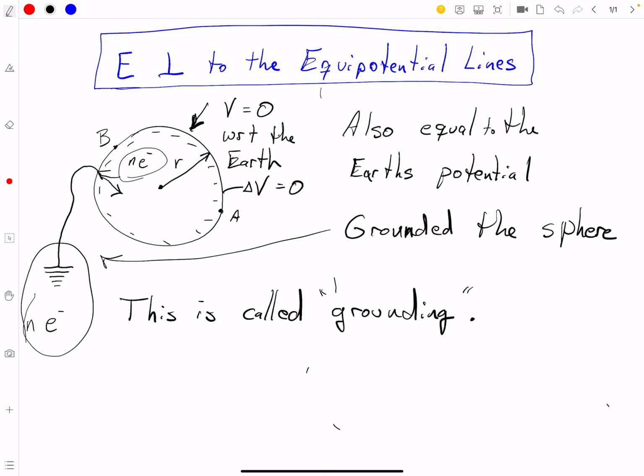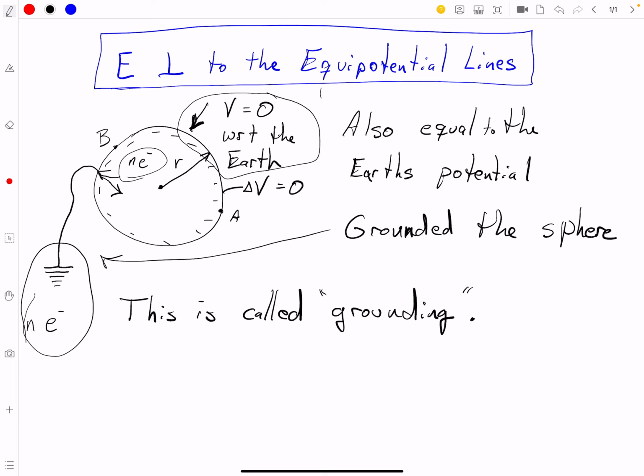And that's all that matters, typically, because the Earth is big and it doesn't really hold excess charges. It takes the excess charges and moves them, and nobody knows what happens. The Earth has a net charge, I'm sure, but our net charge is with respect to the Earth, and that's all that matters.